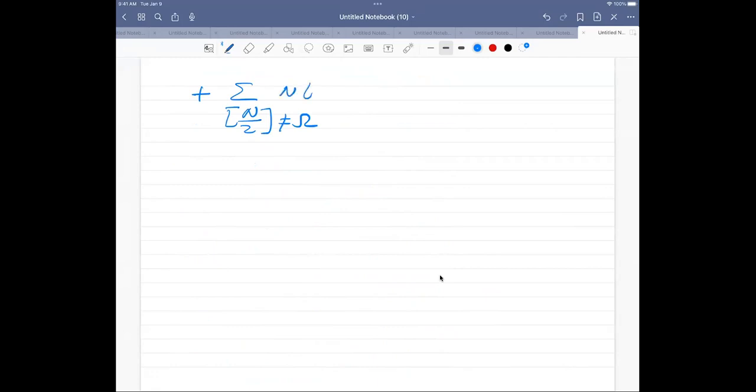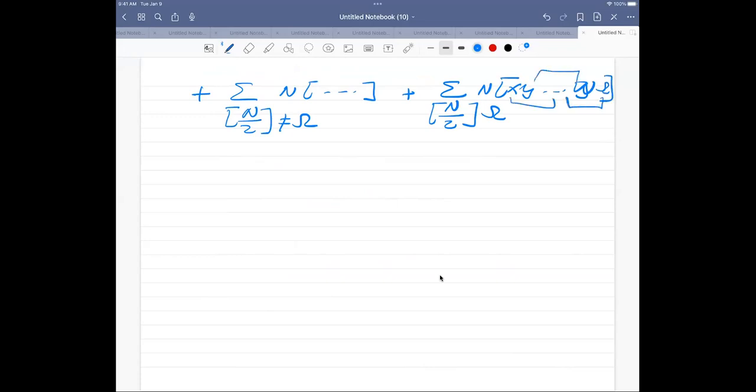And I'm just writing this in terms of dots here. And then we have a new term of n divided by 2 here, where we include omega. And then we have N of x, y, z of omega. And now we include omega, etc.